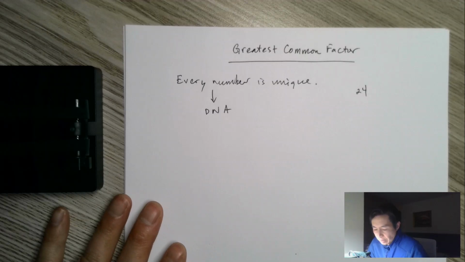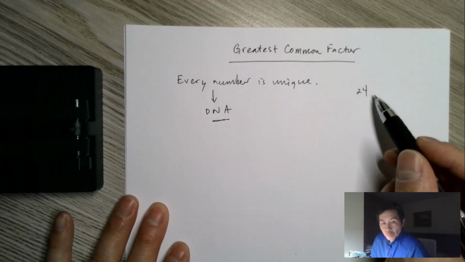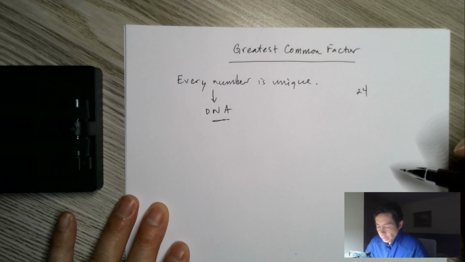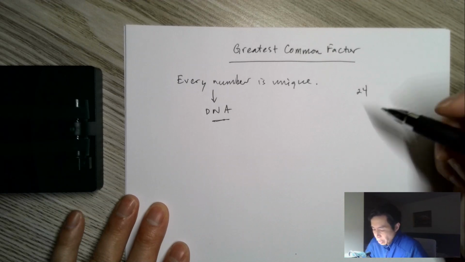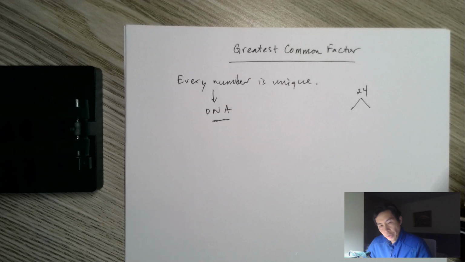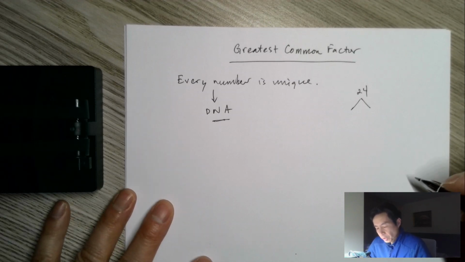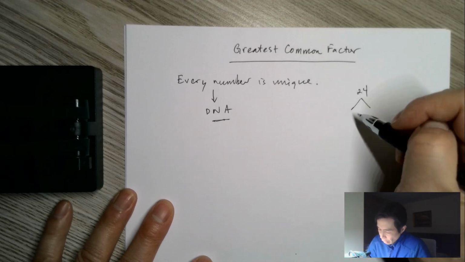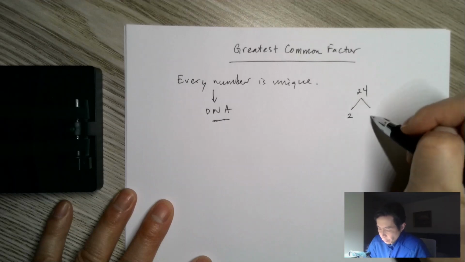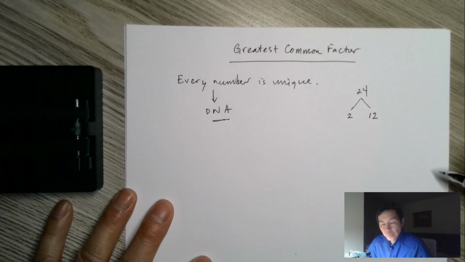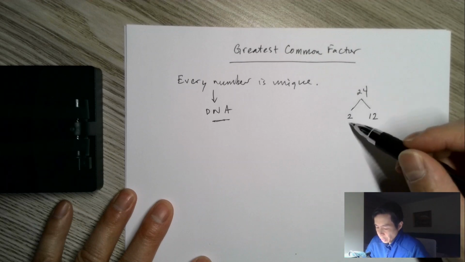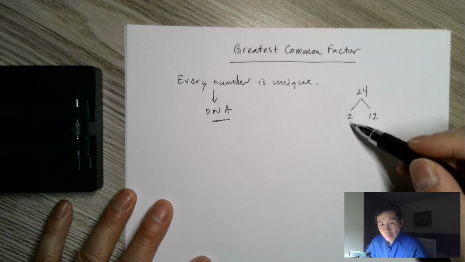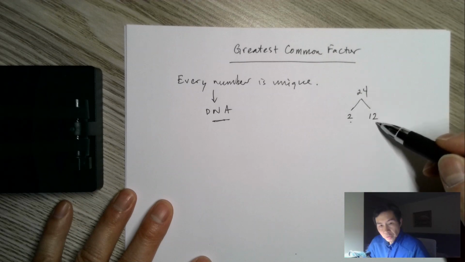So we're going to find the DNA of the number 24, by factoring 24 in a series of steps. The first step is just to think of any two numbers that multiply to 24. The first pair that comes to mind is 2 and 12. Since 2 is prime, I stop this branch of the tree there, and I continue with 12.